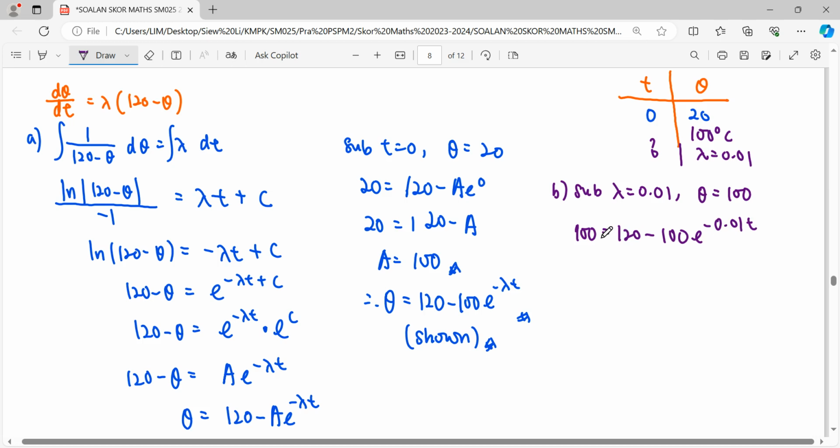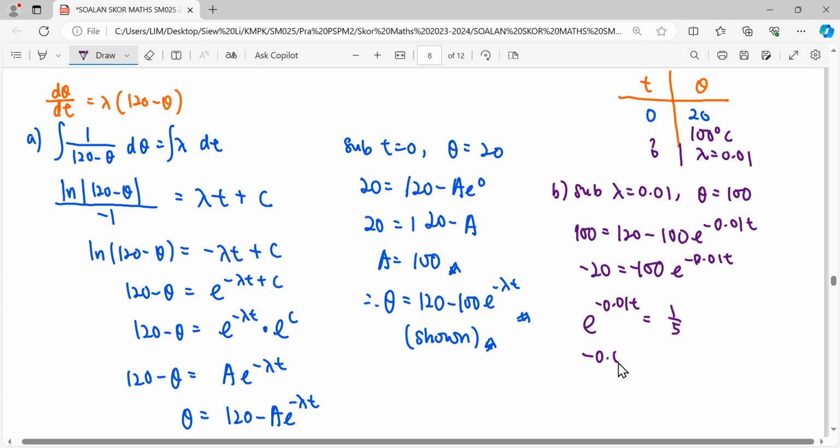So we move back 120, negative 20, then negative negative, we get exponential of negative 0.01t equals 20 over 100, which is 1 over 5.